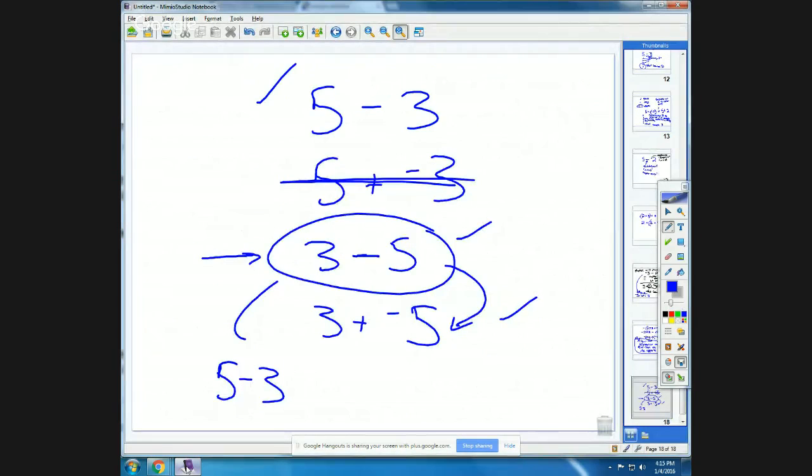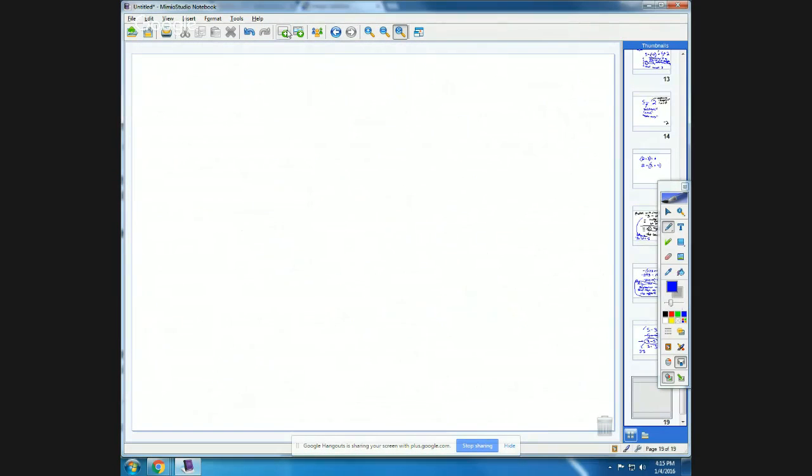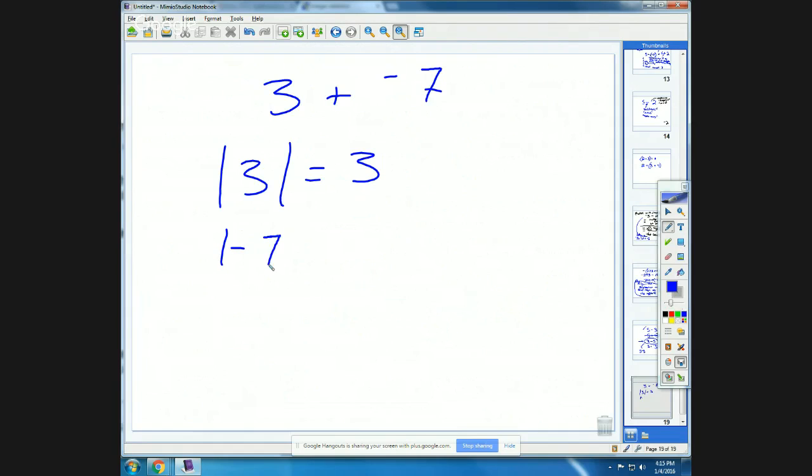Okay, so let me try that. So 3 added to negative 7. Okay, so it said find the absolute value of each. That was step 1. Okay, then take the smaller from the larger of those numbers. So that means take 7 minus 3. Okay, that's 4.